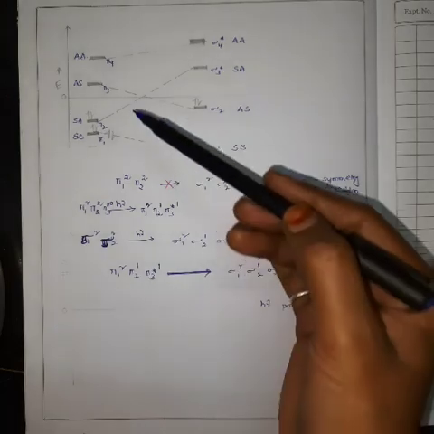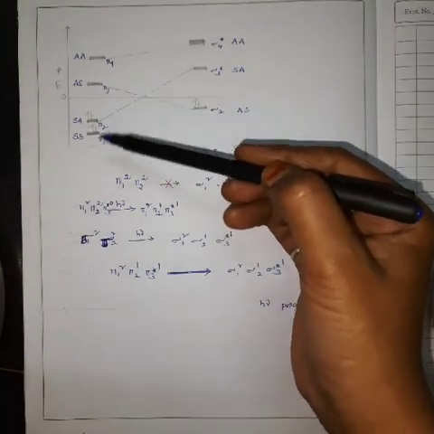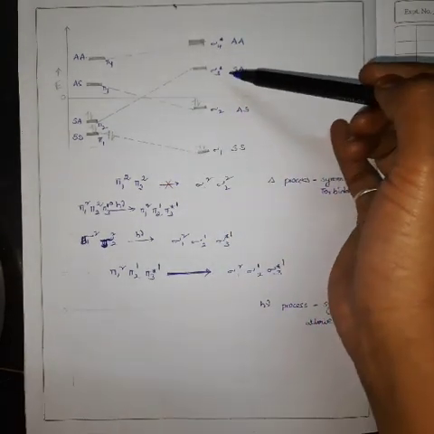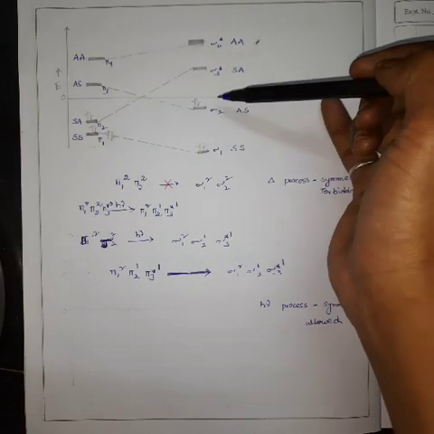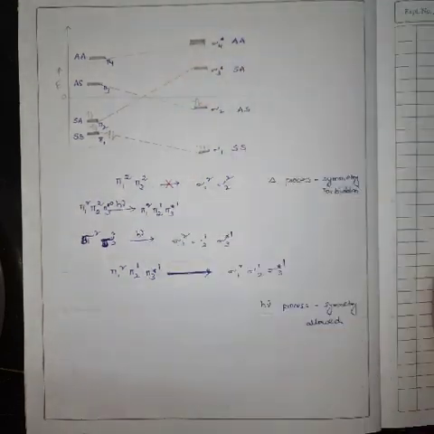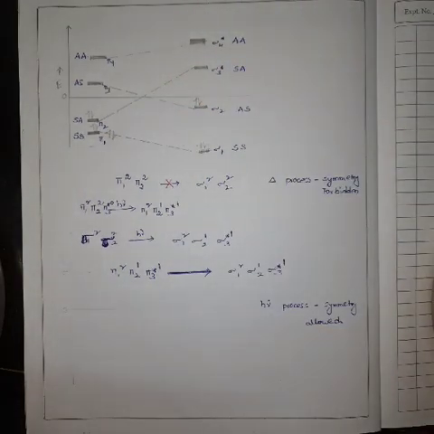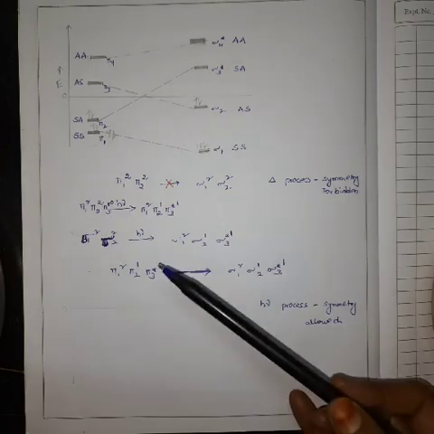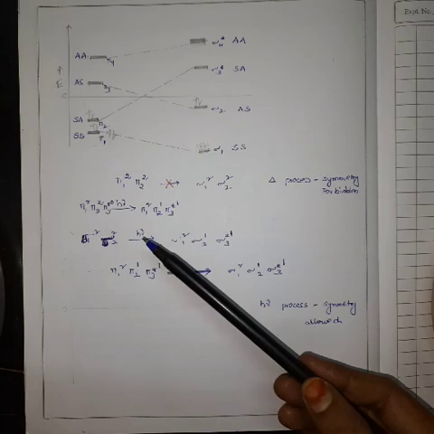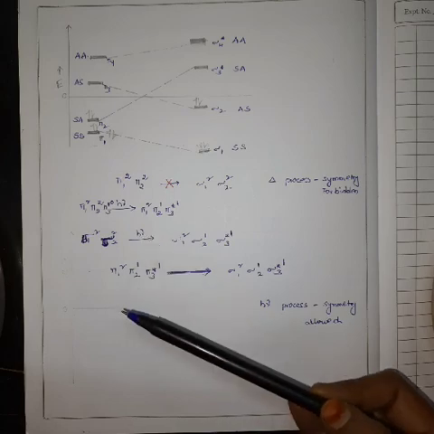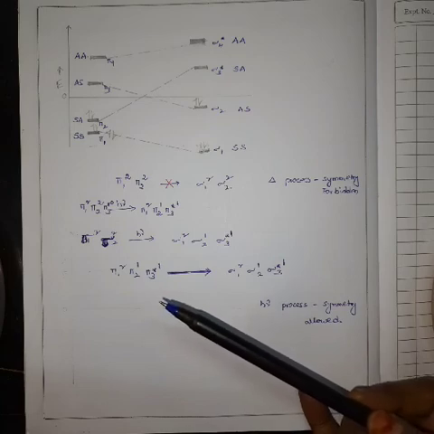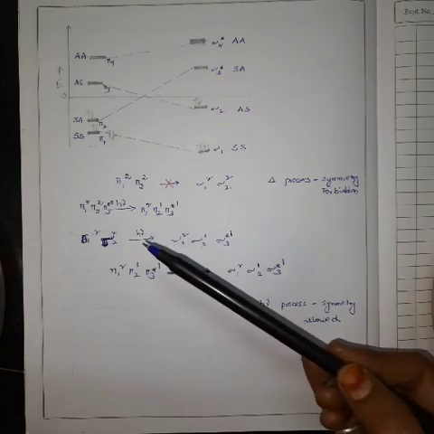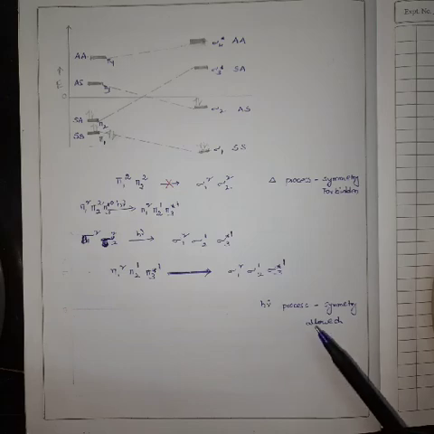That means the symmetry elements of the first excited state correlate with the first excited state symmetry orbitals of products. Hence, 2 plus 2 cycloaddition under photochemical condition is a symmetry allowed process.